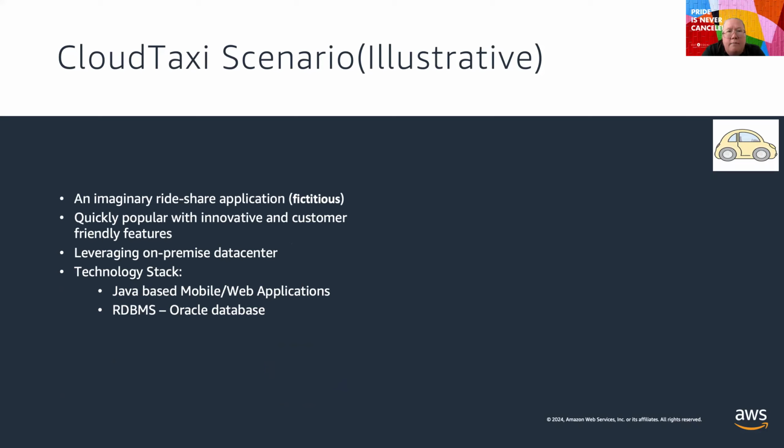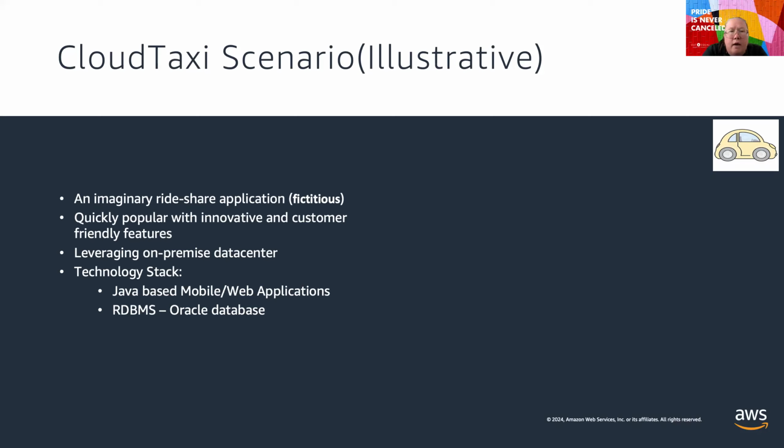So let's take an imaginary rideshare application. And it's becoming popular and it's quite innovative in the way that they approach their customer-friendly features. They are now having an on-premise data center and they have a technology stack which is a very traditional one.